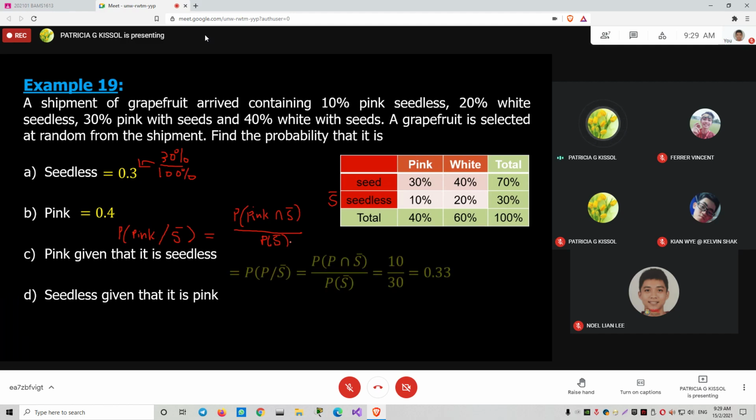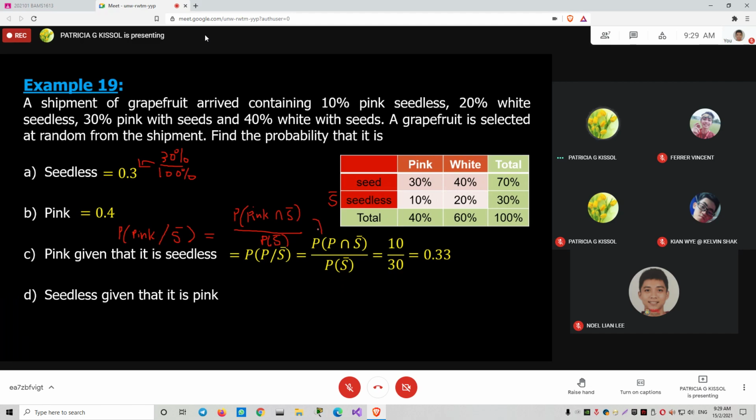So probability of pink and seedless is 10%, so written thoroughly it's 10 over 100, divided by probability of seedless, which is 30 over 100.